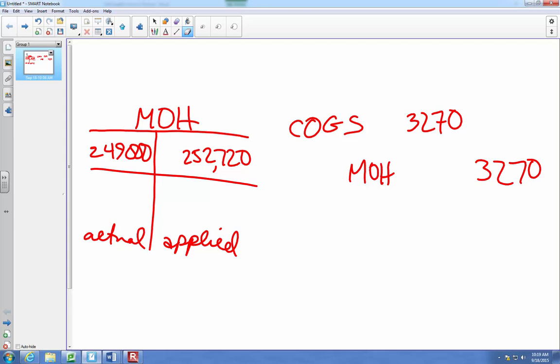So you should be able to do that pretty quickly. You know where actual is, you know where applied is, you just plug the numbers in and say, what was the ending balance? Have I over or under applied? Over applied. My applied is more than my actual. I've got to close it out, don't I?